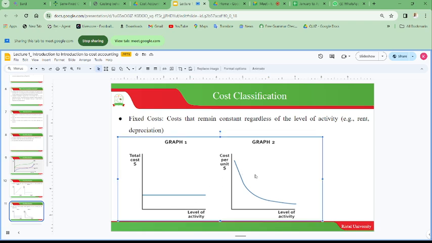And then what does graph 2 say? The total cost remains constant over a given level of activity, but the cost per unit falls as the level of activity increases. So that is graph 2.